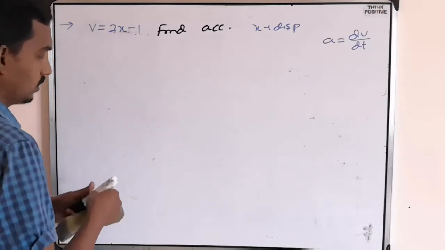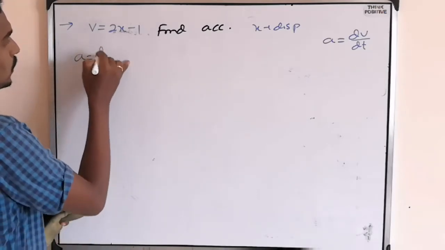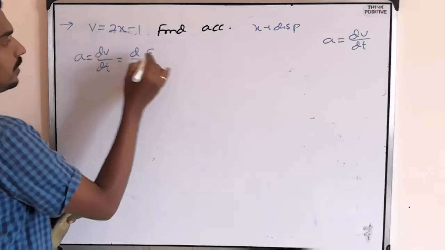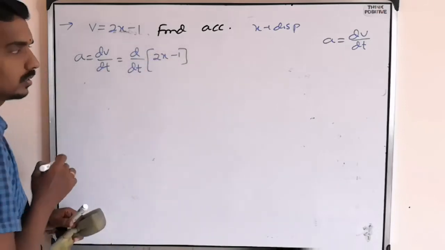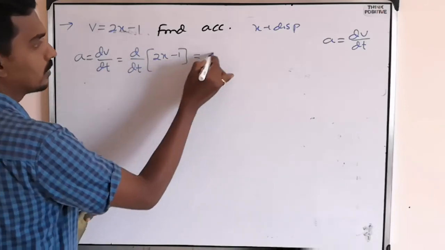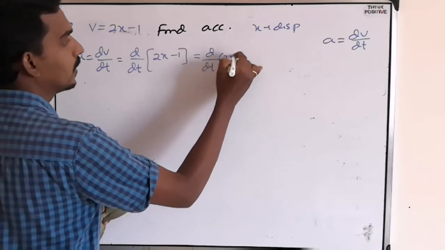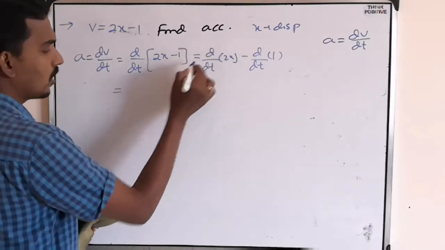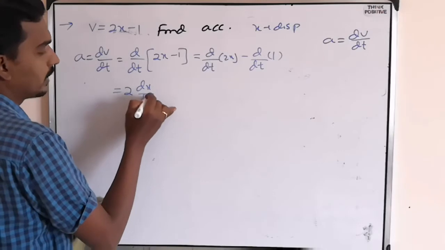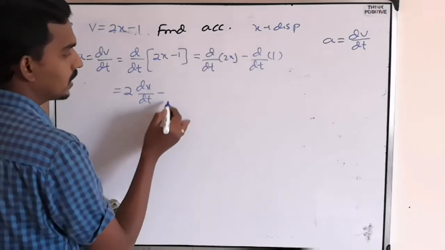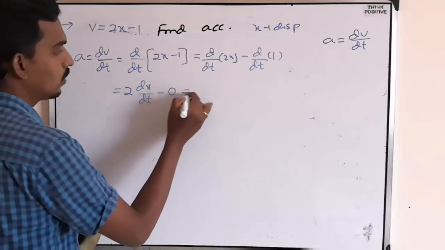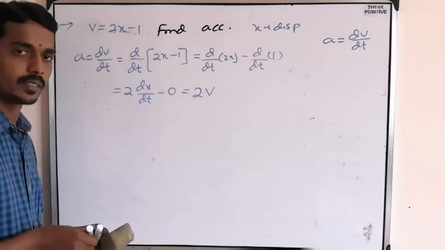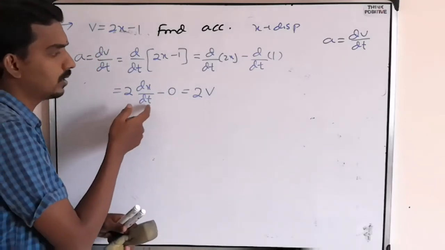See here, a equals dv by dt equals d by dt of v, which is 2x minus 1. Here two terms are there, so write them separately: d by dt of 2x minus d by dt of 1. 2 is constant, take it out, so 2 dx by dt minus differentiation of the constant 1, which is 0, equals 2 into dx by dt, nothing but v. dx by dt is nothing but what? v.